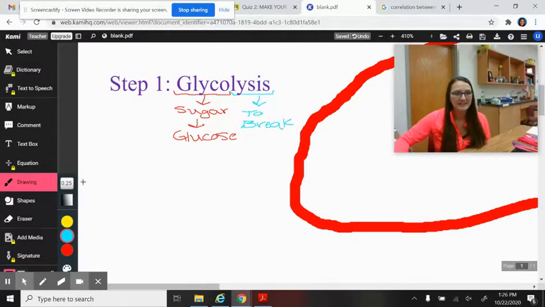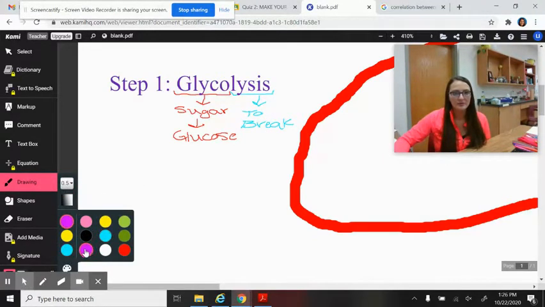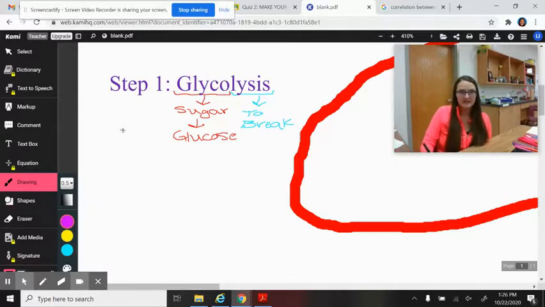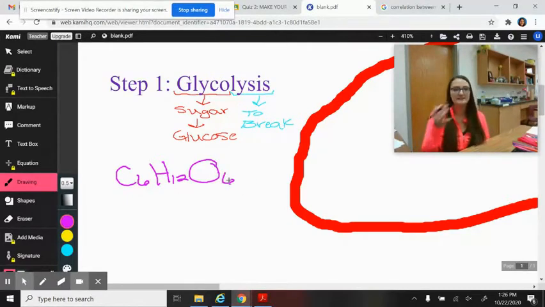Okay, so let's go ahead and get started with that then. So I'm going to pick purple because I can. All right, so down here, we're going to have glucose. So that's C6H12O6. So that's 6 carbons, 12 hydrogens, and 6 oxygens. Okay? And so what's going to happen is in glycolysis, these are broken into 2 pieces.